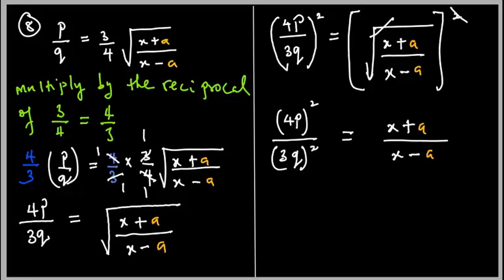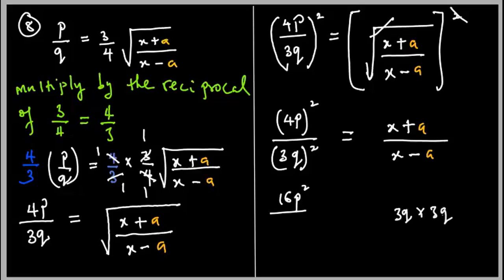So let's simplify this. What is 4p squared? 4p squared means 4p times 4p, that should be 16p squared over, what does 3q all squared mean? 3q all squared means 3q times 3q.